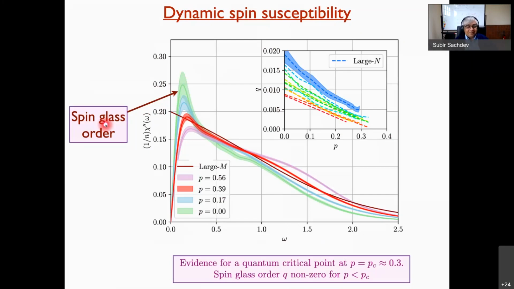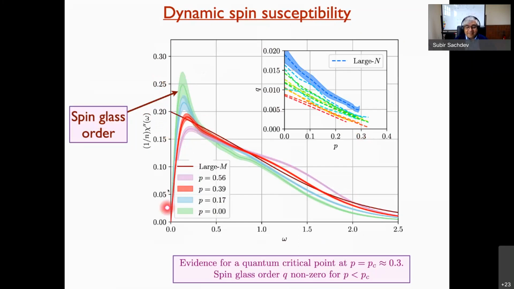So okay, that's good. As I just showed you in the data, there's spin glass order. But as you increase the value of p, for p around 0.3 to 0.4, you see that the peak disappears, and you get, say, this red line here.